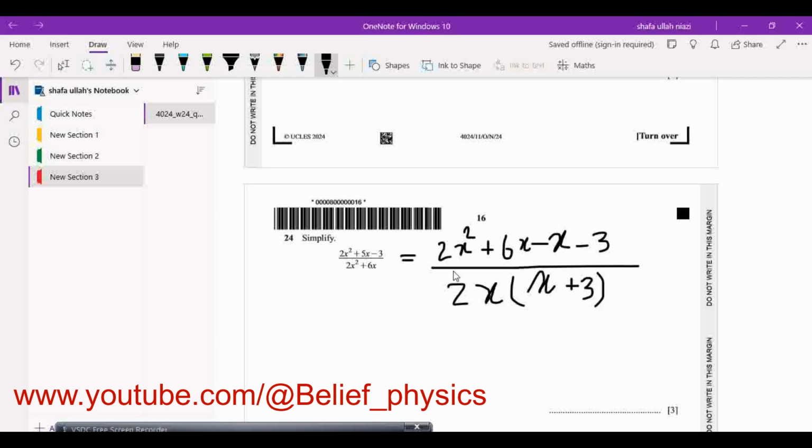Now this will be equal to, very easy question, we make two pairs. First pair is 2x square plus 6x, as we did in the denominator.